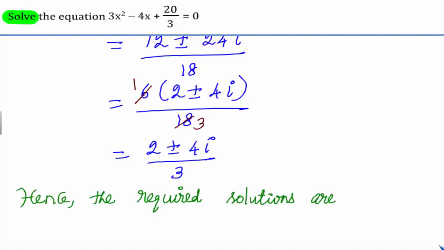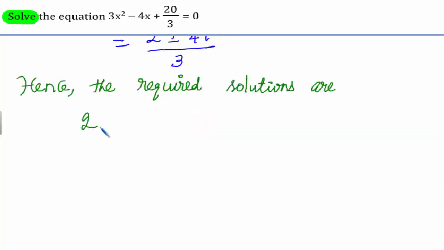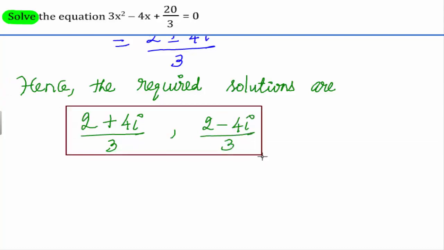Hence, the required solutions are 2 plus 4I divided by 3 and 2 minus 4I divided by 3. This completes the solution.